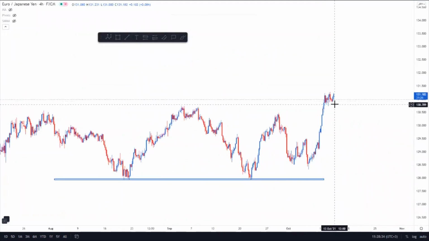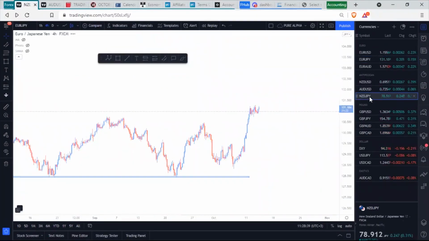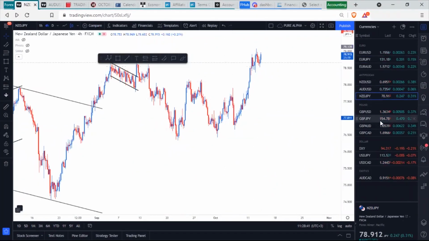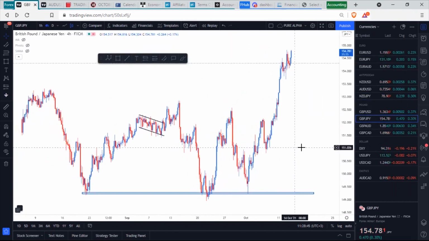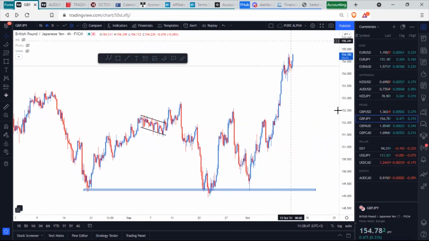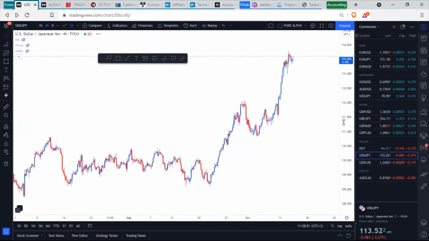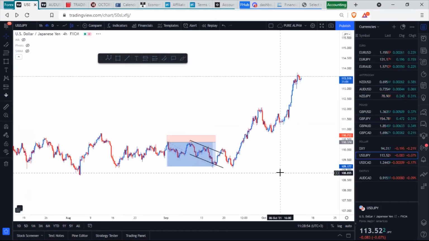Euro has been rallying to the upside, meaning the yen is weakening. NZD JPY, same thing. Yen has been weakening across the board. Look at this. This is GJ. Market has been moving higher, meaning the pound has been gaining against this one, and UJ as well. So I think the dollar has been a much better safe haven than the yen. Meaning the yen is weakening across all sectors.